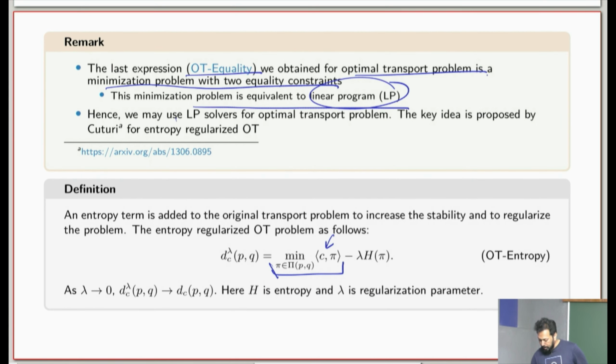So we may use LP solvers for optimal transport problems. But in the original form, if you don't do any regularization, there is no guarantee that you will get a minimizer of such a problem. Sometimes you are given a problem and you have to do some regularization to make it work.